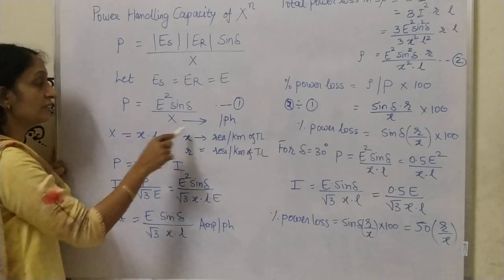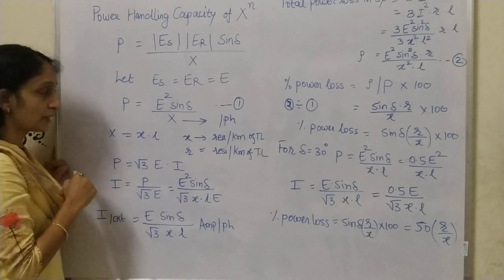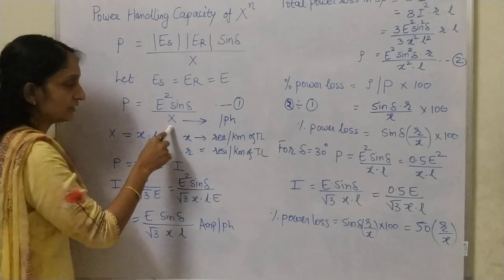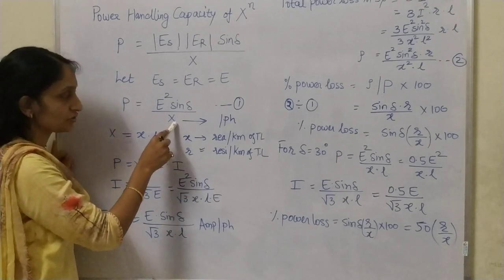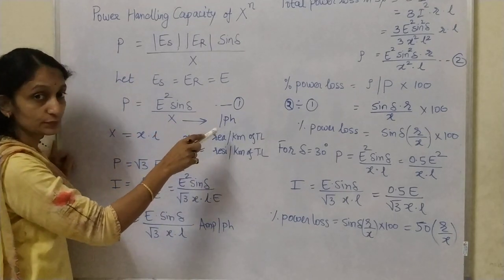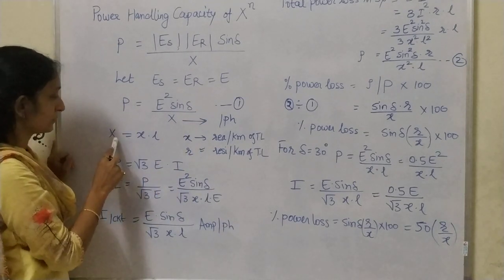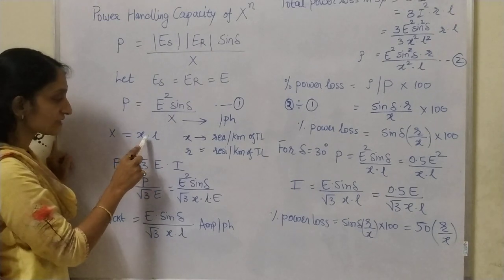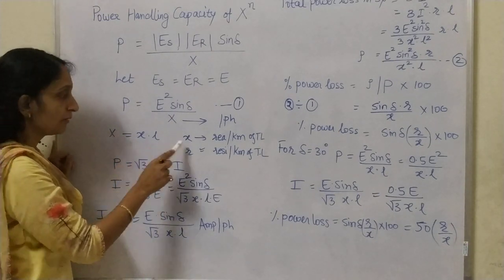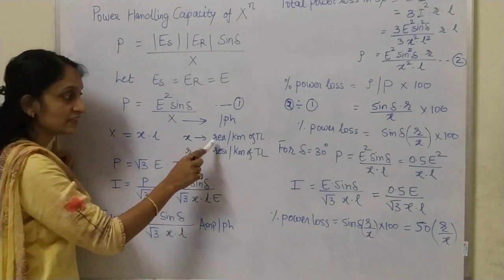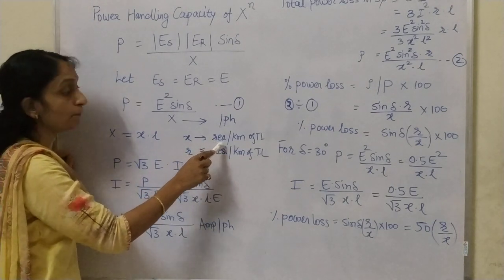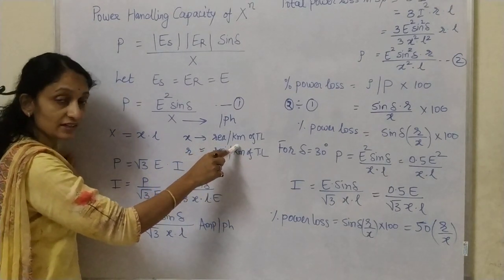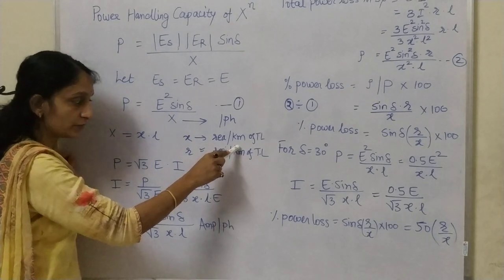Now this is our basic expression for the power transfer. I have written here X is the reactance of transmission line and this is a per phase value. Next I have replaced capital X with small x into L. Why? Because small x is the reactance of transmission line per kilometer.